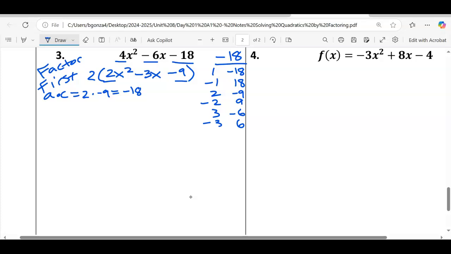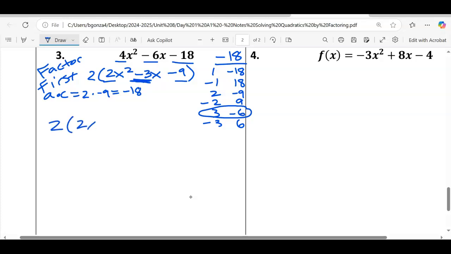So that's it. And then I'm thinking about which one of these pairs adds up to make the middle term in my second step, negative 3. So I'm adding these mentally, negative 3. It's got to be one of these last two. Which one of these last two added together gives me negative 3? 3 and negative 6. 3 minus 6 is negative 3.